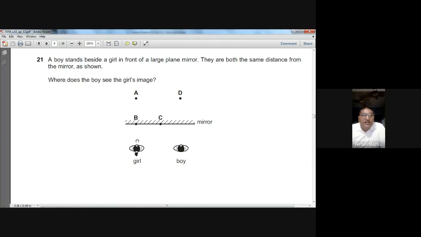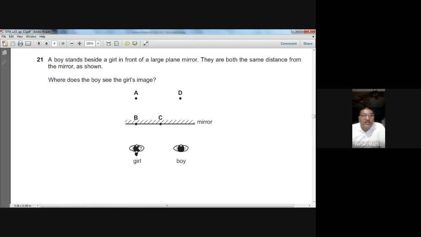Okay, check how much is the distance of the girl. Take the same distance behind the mirror, put a point there, then join the boy with that point and join the girl to the point where that line cuts the mirror. It will be here somewhere.